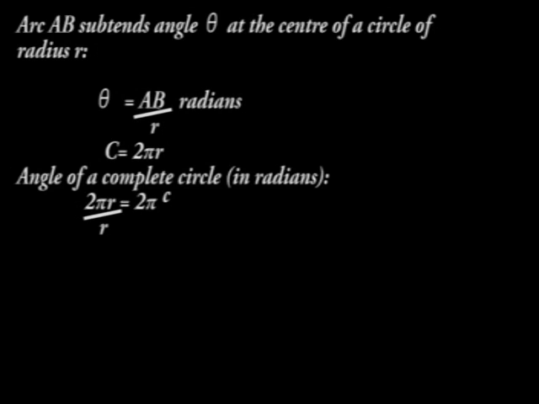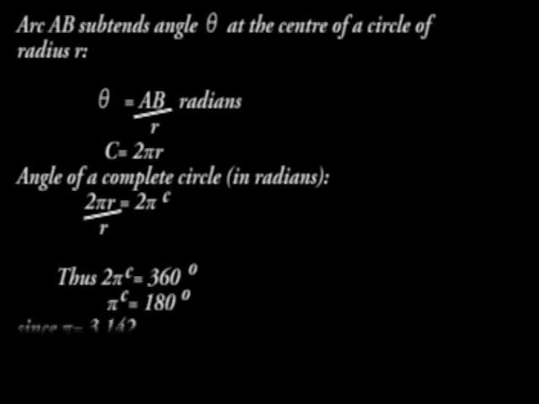This means that 2 pi radian is equal to 360 degrees, since a complete circle has an angle of 360 degrees. Pi radian is 180 degrees. Given pi is 3.142, then 1 radian is equivalent to 57.3 degrees.